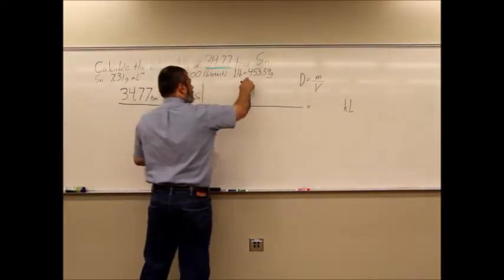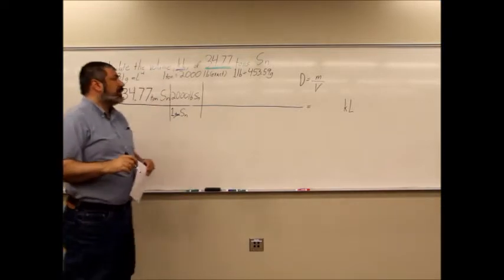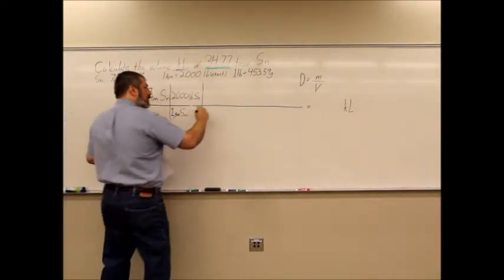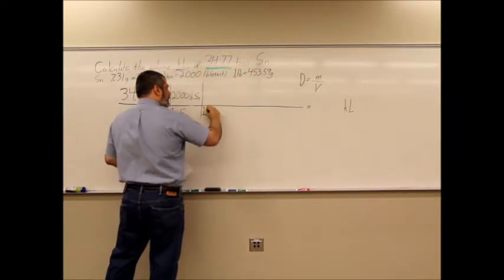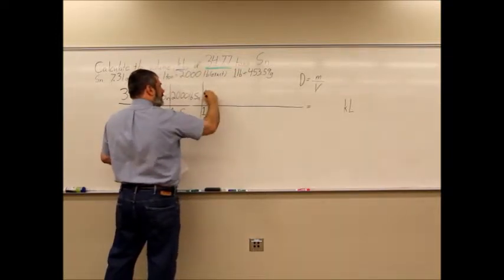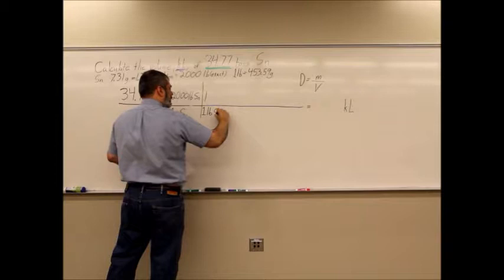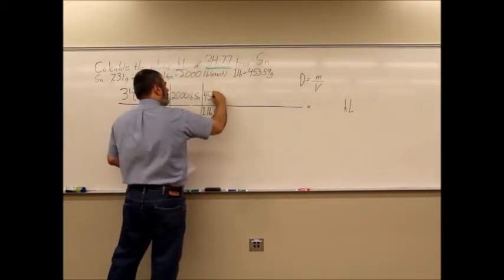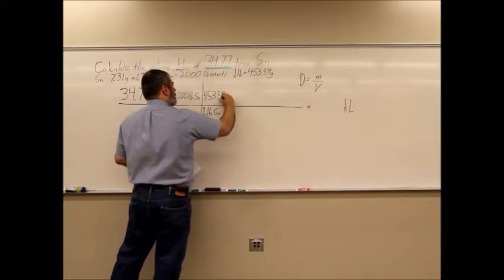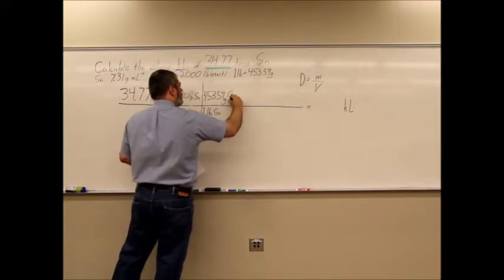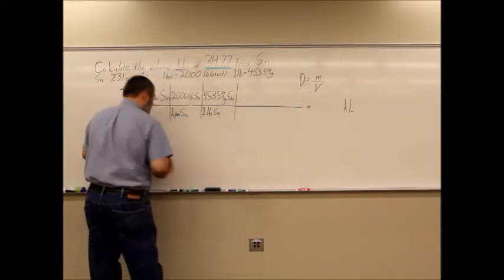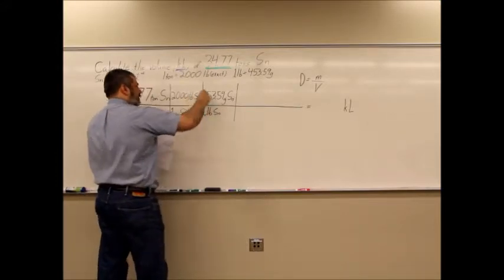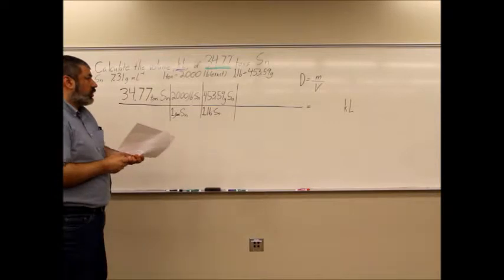But we have this relationship. 1 pound of tin, it's a good idea to always just put that in there, is 453.59 grams of tin. Pounds of tin cancel. Now we're in grams of tin.